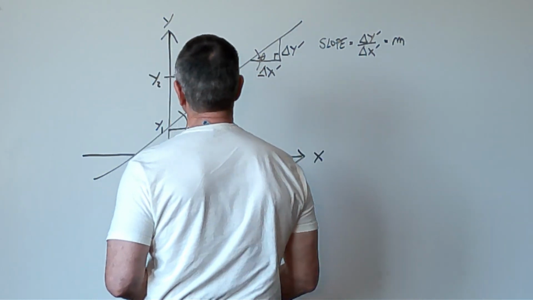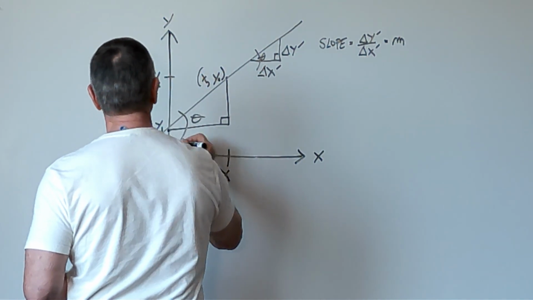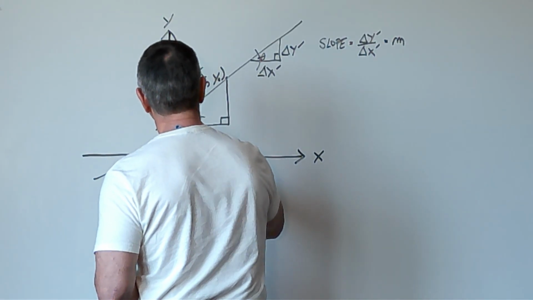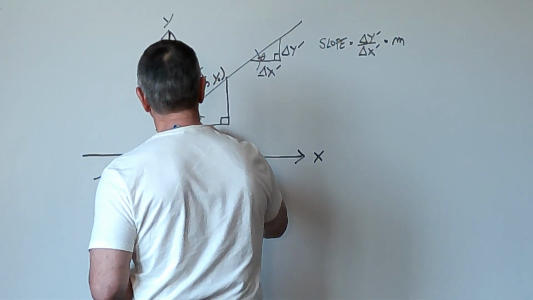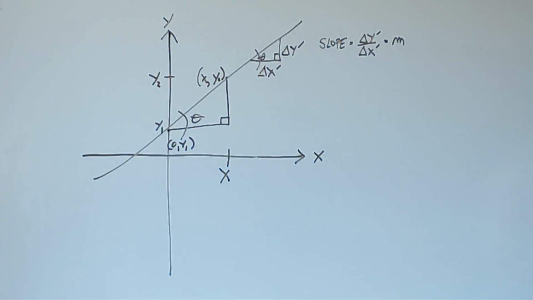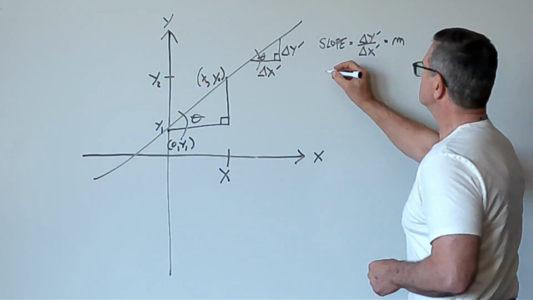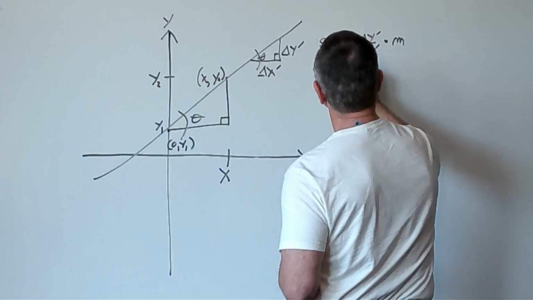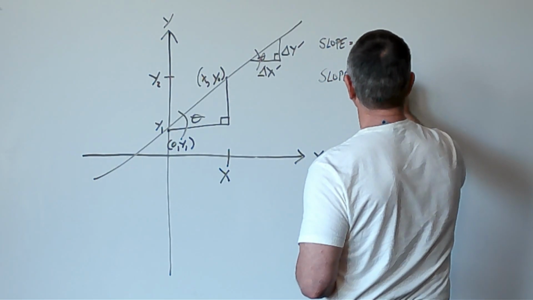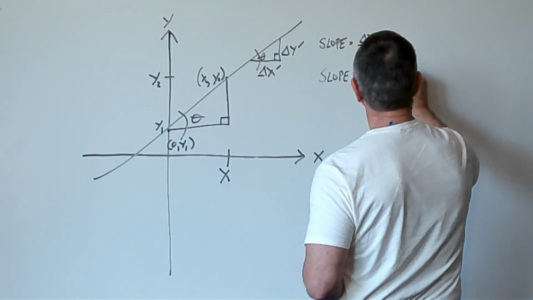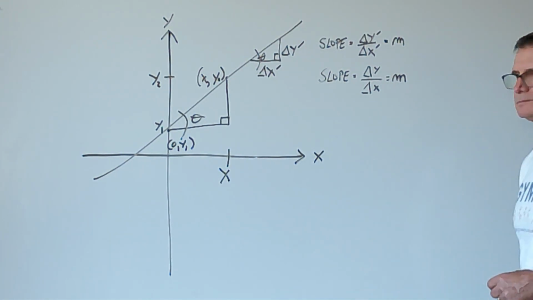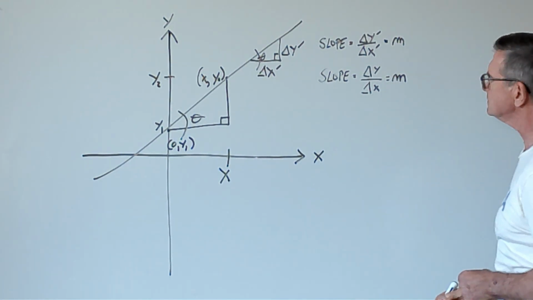So the coordinates for the first point is given by 0 and y1, and the coordinates for the second point is x2 and y2. It should be apparent that delta y, which is equal to y2 minus y1, when divided by delta x, which is equal to x2 minus 0, is the slope of our line.